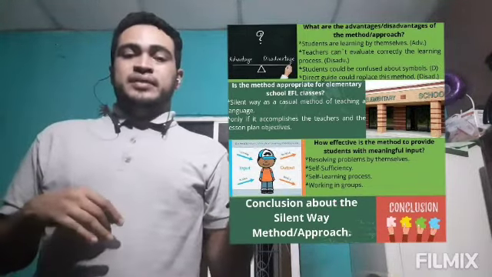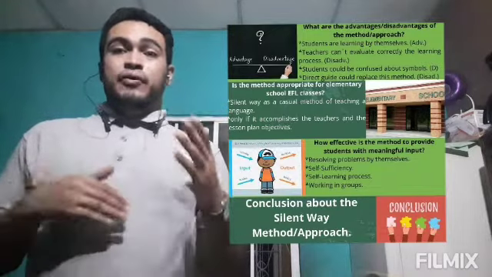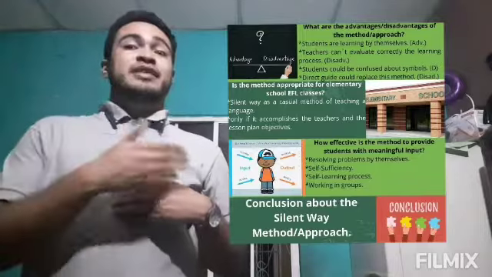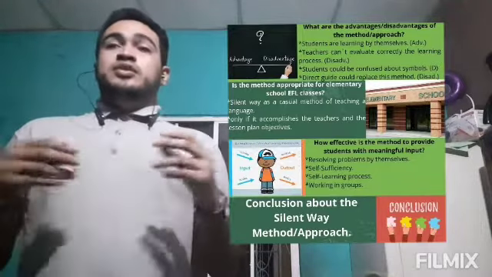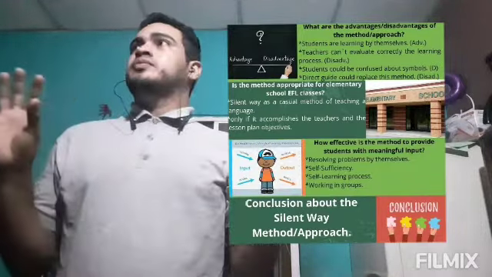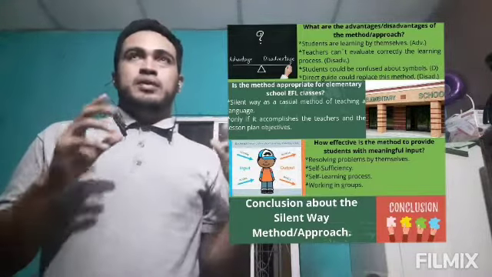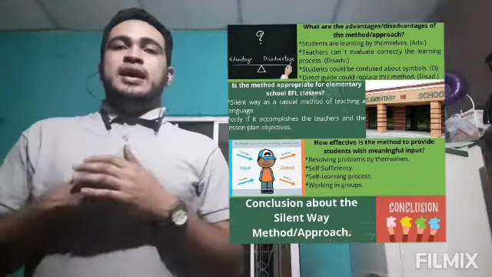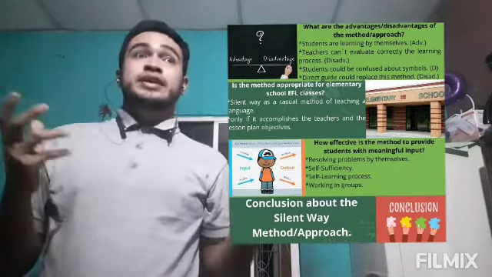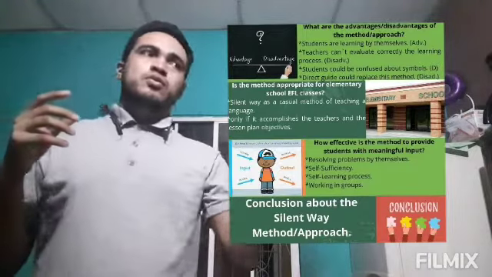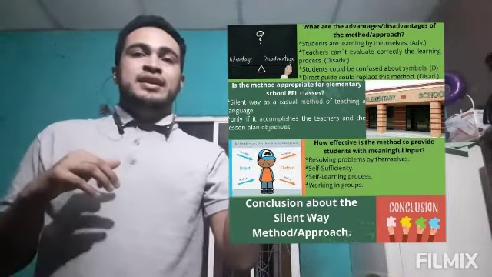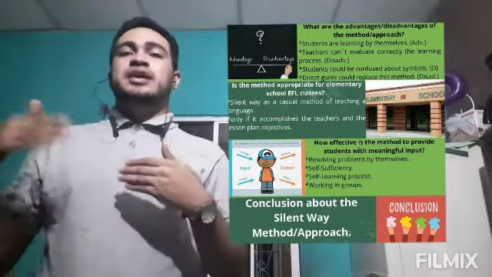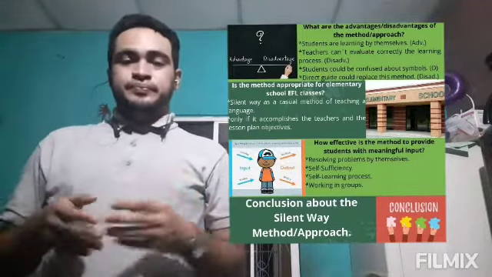But the disadvantages are that teachers cannot evaluate the learning process correctly, because the teachers only evaluate by the observation method, and they can notice who is the student that is not learning, and that can be a problem to accomplish the goals of the lesson plan.